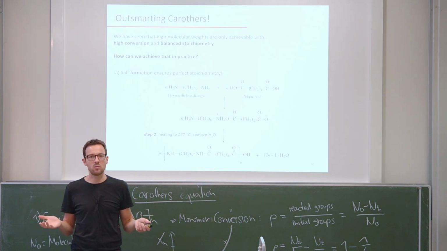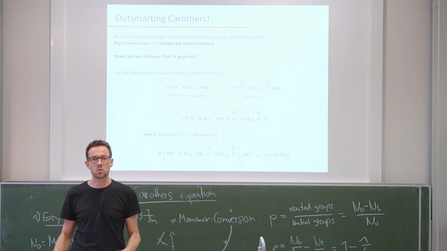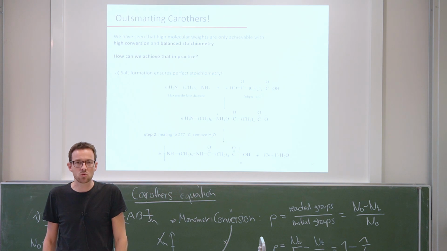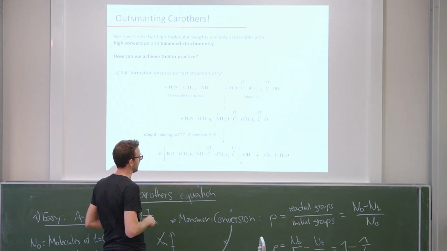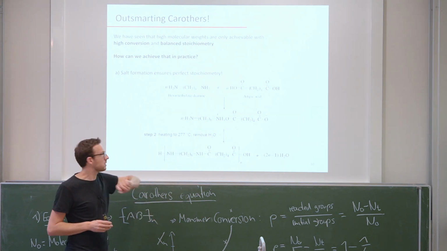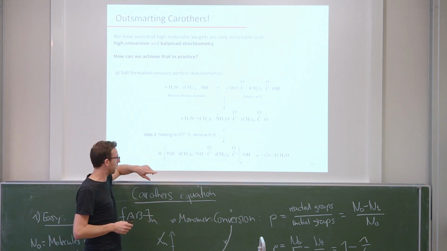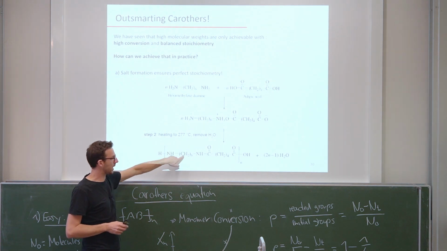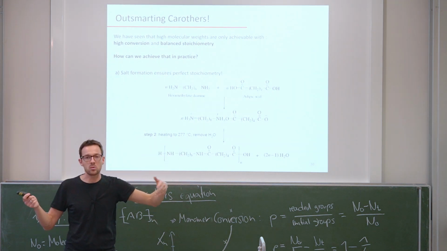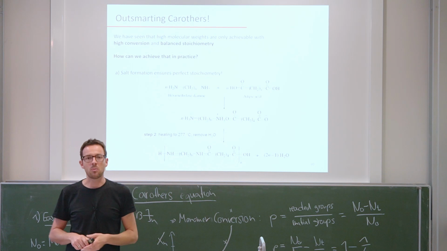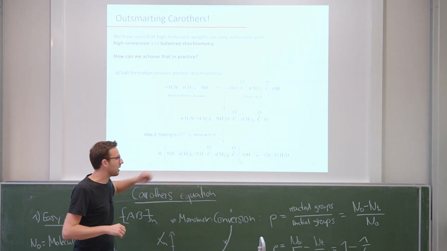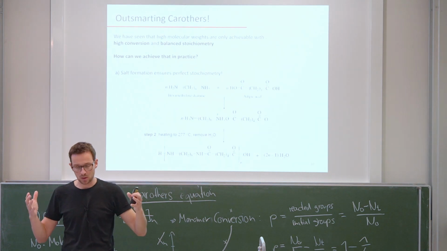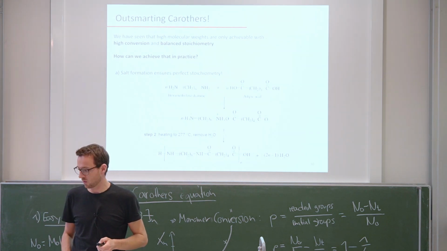Now, this is a very simple way of achieving this if you manage to get your two reaction partners into a salt, which works well for polyamides, so for nylon formation. And then you have your salt. You can either heat it up by brute force to remove water and then directly convert it, or you can also redissolve it and make polymers from it. But you can directly use the salt to obtain perfect stoichiometry.